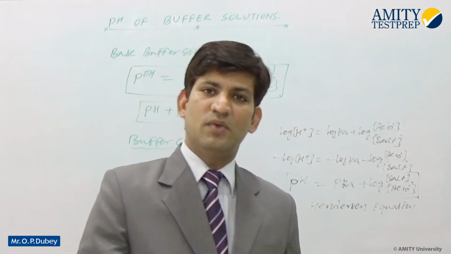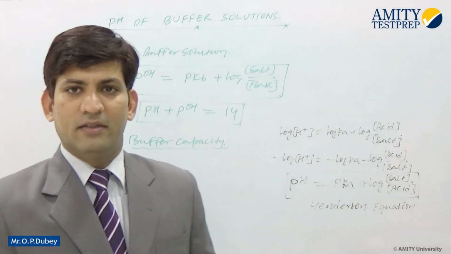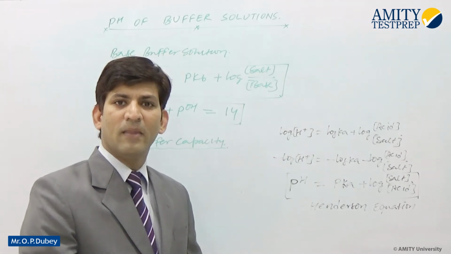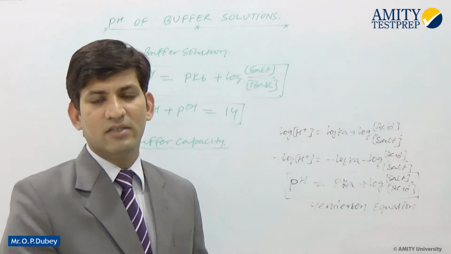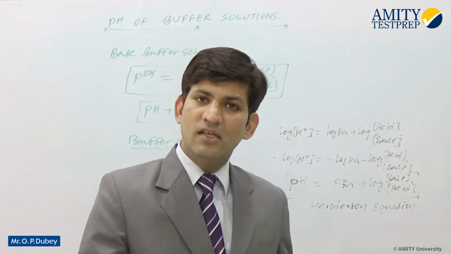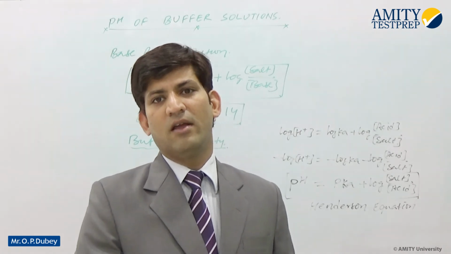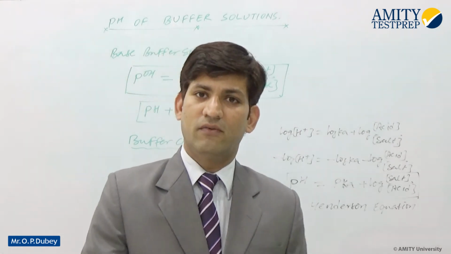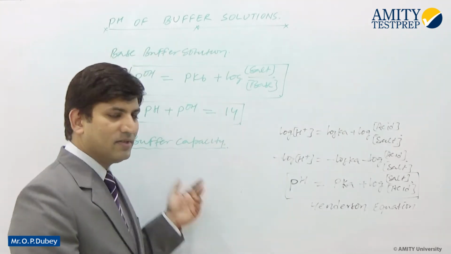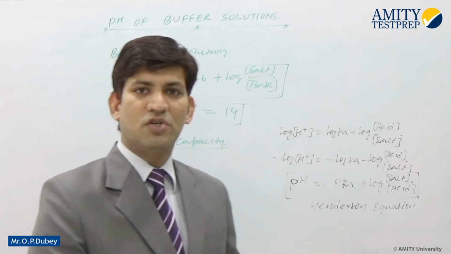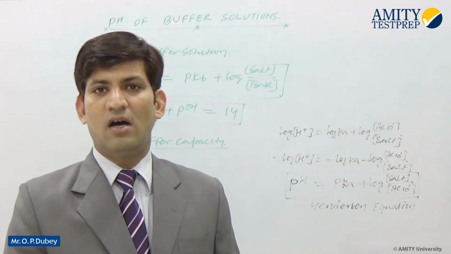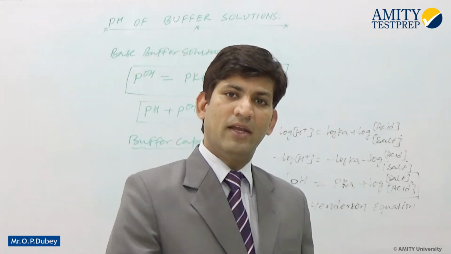Buffer capacity explains the strength of an acid buffer solution and a base buffer solution, that is, the minimum moles of strong acid or strong base required to change the pH of 1 liter of a buffer solution by 1 unit. Simply, buffer capacity is the number of moles of strong acid or strong base required to change the pH of 1 liter of buffer solution by 1 unit.